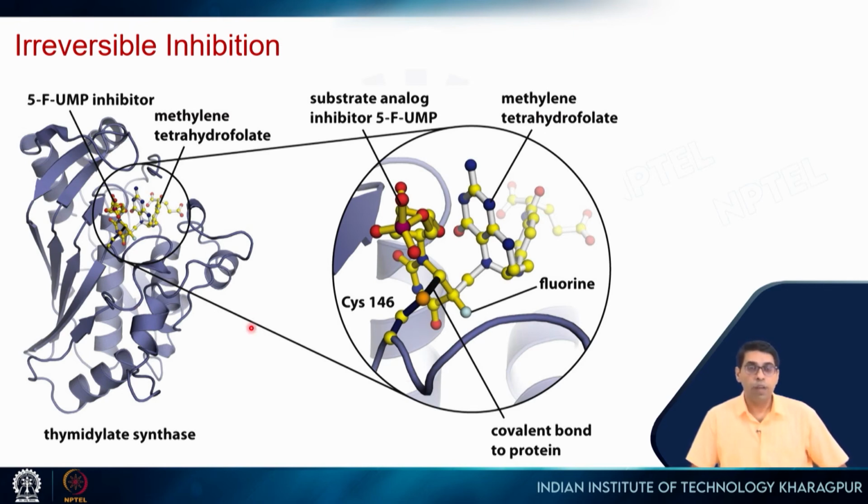That is why these are called irreversible inhibitors, because they go to the active site, they use the same reaction mechanism as the enzyme uses, and it forms a covalent bond. Once this covalent bond is formed, no further reaction happens, right. And since no further reaction happens, this inhibitor is permanently bound to the enzyme active site.